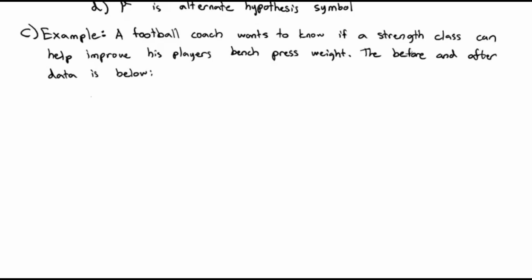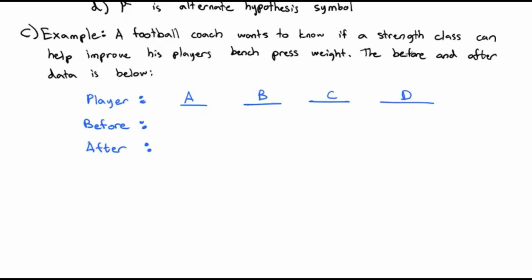So we're going to have players. We'll just mark the players with letters to protect their identity, A, B, C, and D. And we'll have weights for before the class and after the class. Before the class, A benched 205.